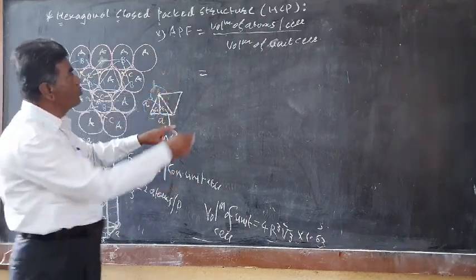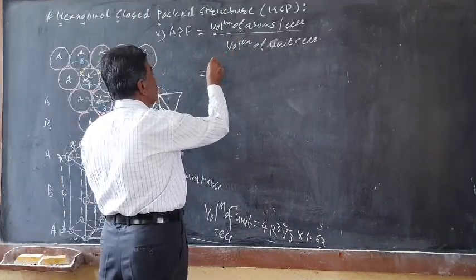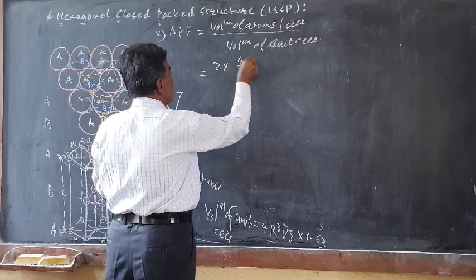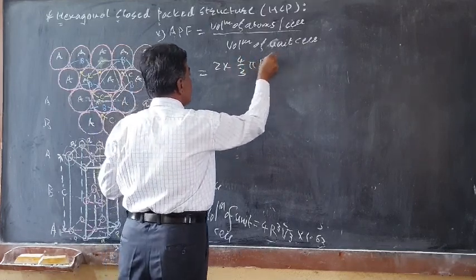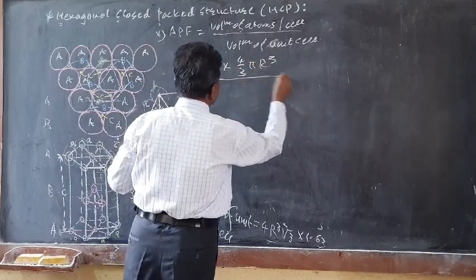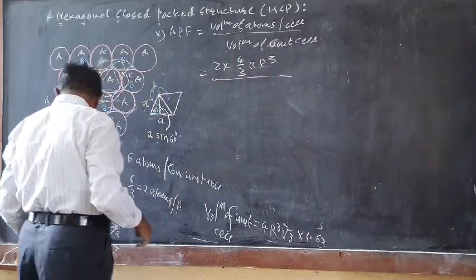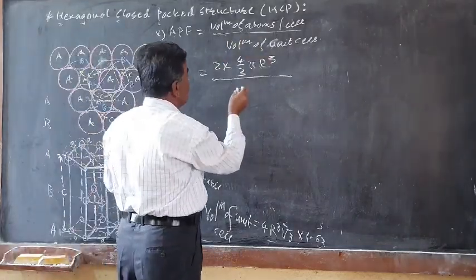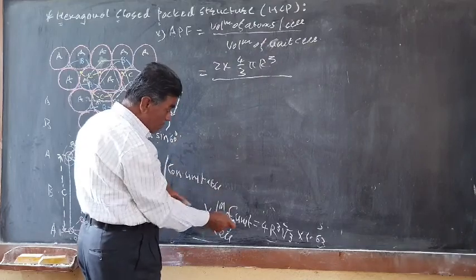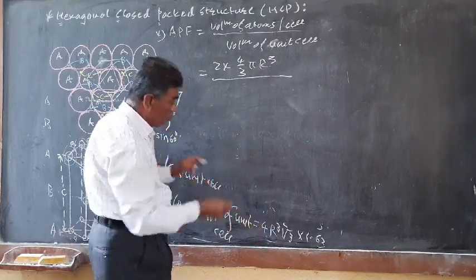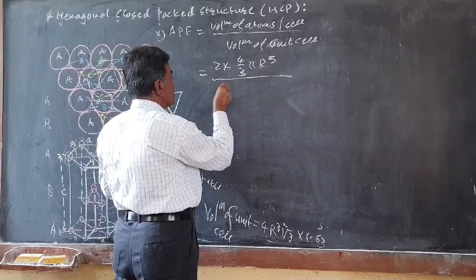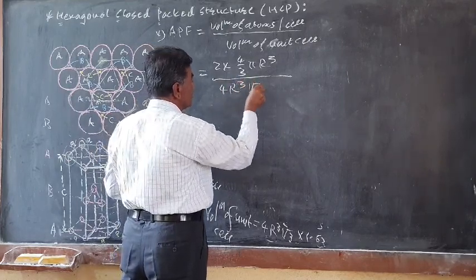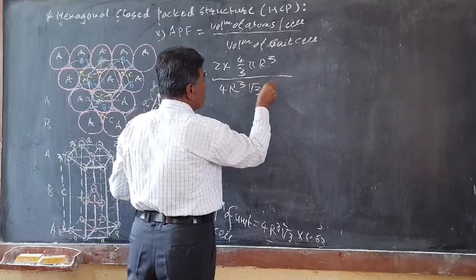So the volume of 2 atoms per primitive unit cell is 2 into the volume of one atom, that is 4 by 3 pi R cube, where R is the radius. There are 2 atoms. So the volume of the atoms per unit cell divided by the volume of unit cell, which we have established here as 4R cube square root of 3 into 1.63.